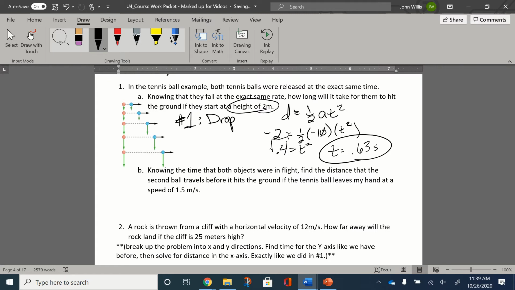that this tennis ball is allowed to be in the air for. Now, in that 0.63 seconds, it is also moving left and right. Once it hits the ground, notice that this arrow stays the same every single time. Once it hits the ground, it's no longer able to move to the right. So we use our next equation. Since there's no sort of horizontal acceleration, this tennis ball doesn't have a rocket strapped to it.